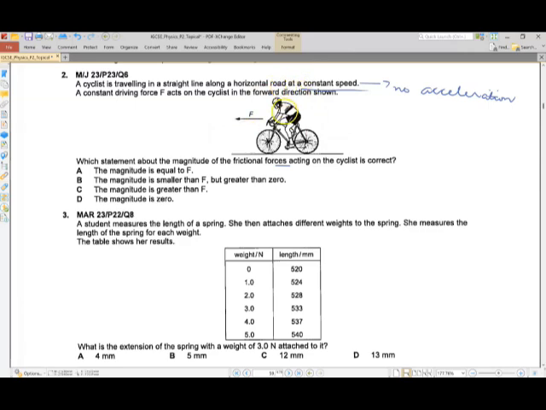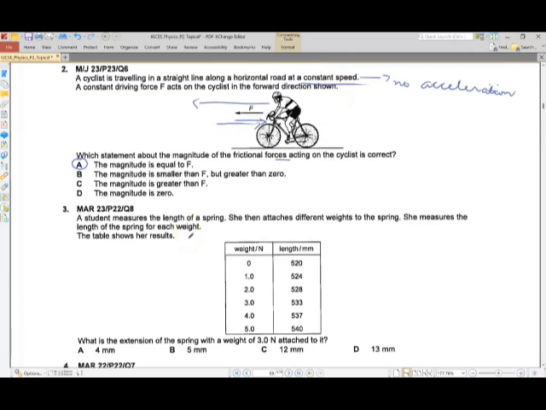If the frictional force were greater, the cyclist would decelerate. If this force was greater than the frictional force, then he would be accelerating and not moving at a constant speed. So A is the correct answer, which states that the magnitude is equal to F. So the frictional force has to be equal to F, since they are moving at a constant speed and there is no acceleration.